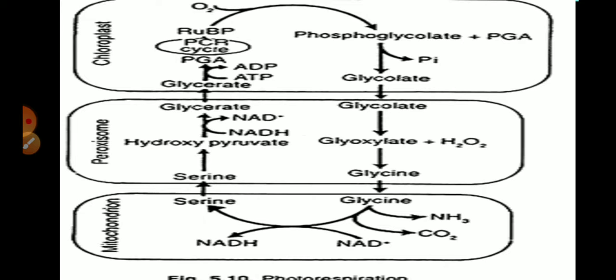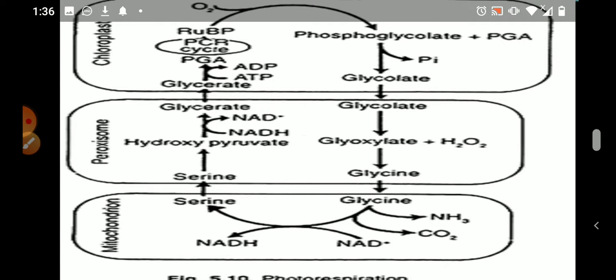This whole process is done in, we can say, three steps or three organelles of the plant cell, to save them from more destruction in the plants. So what happens from here? If you see from the upper side, oxygen is adding in the chloroplast.